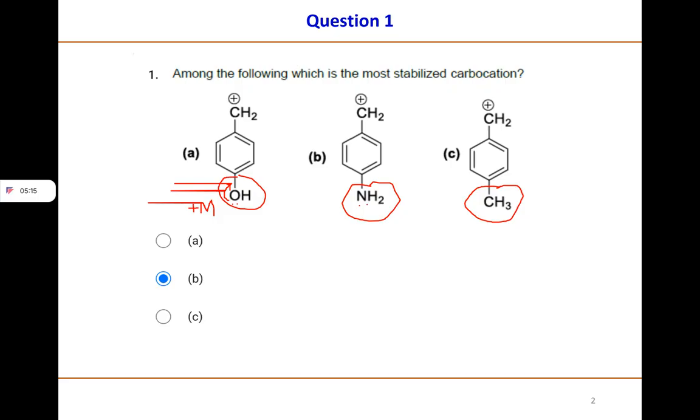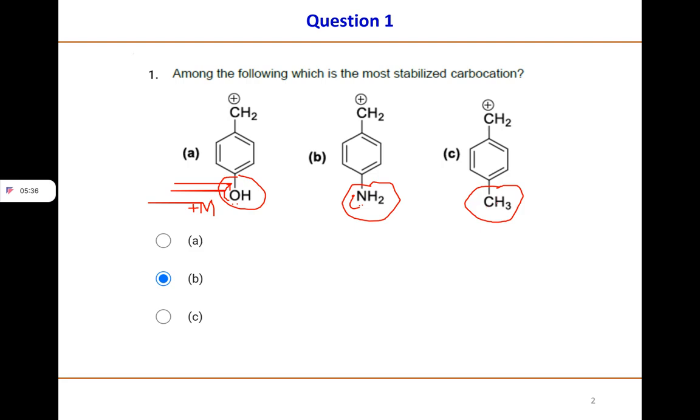Talking about the second one, here also a lone pair of electrons is present. Because this can also donate the pair of electrons, it will make the ring electron rich and stabilize this carbocation. Now the third one is the methyl group.